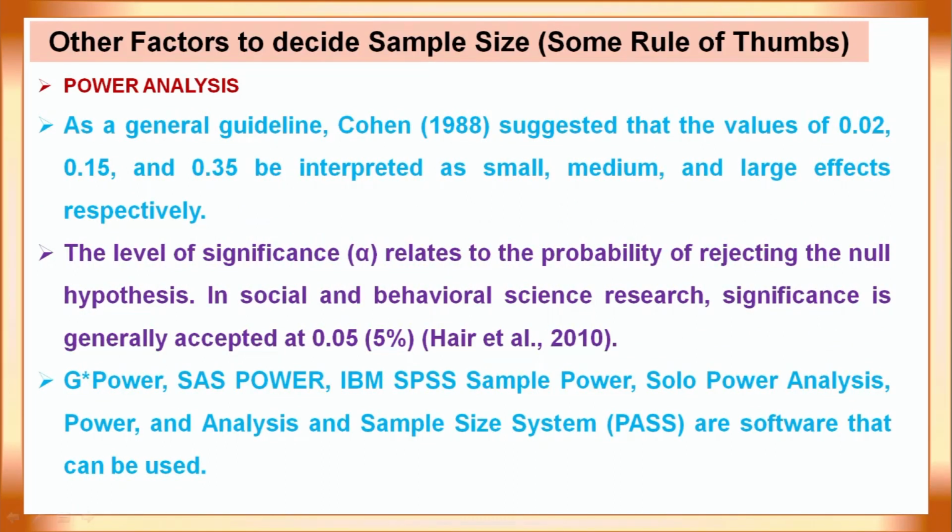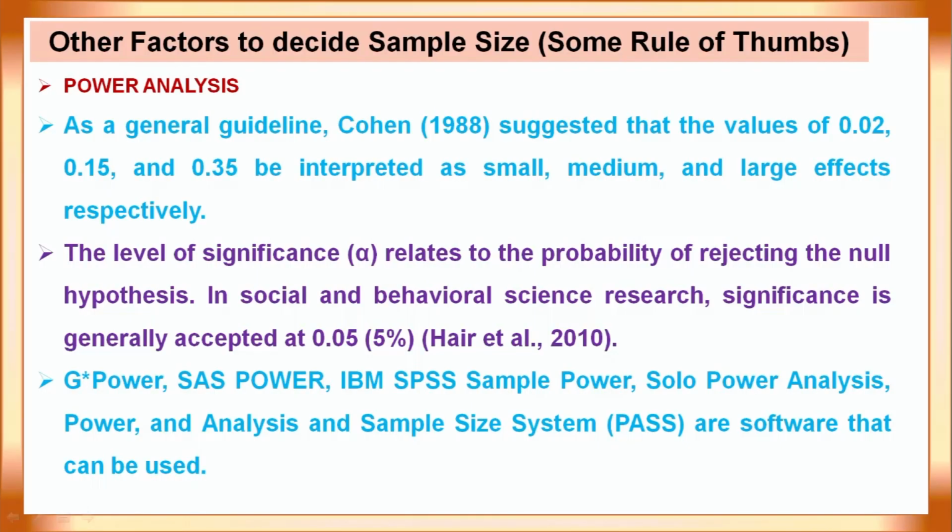So, that is for using power analysis, and there are a number of software packages available, like G*Power, SAS, SPSS, and PASS, that is power analysis and sample size system. So that can be used for power analysis. G*Power is mostly used for calculating power analysis.